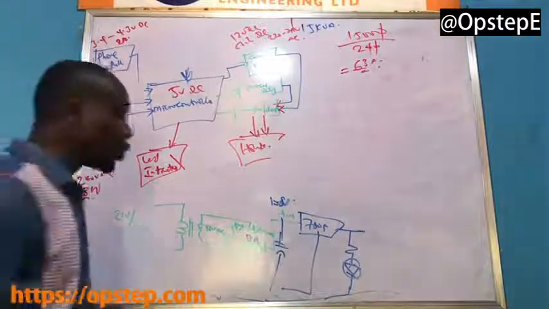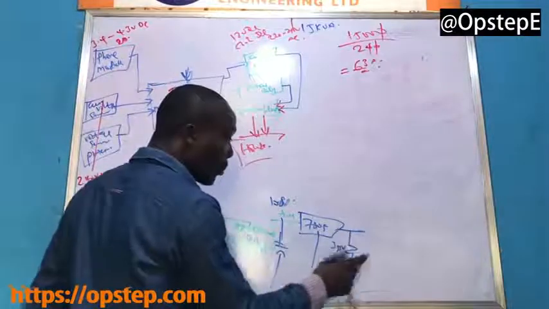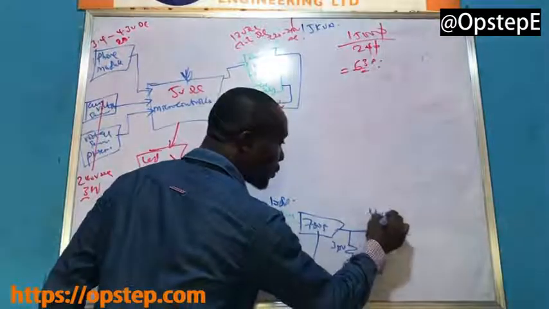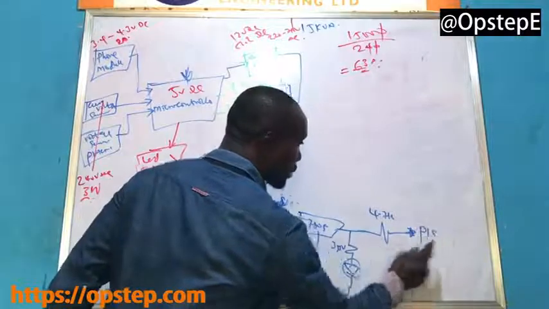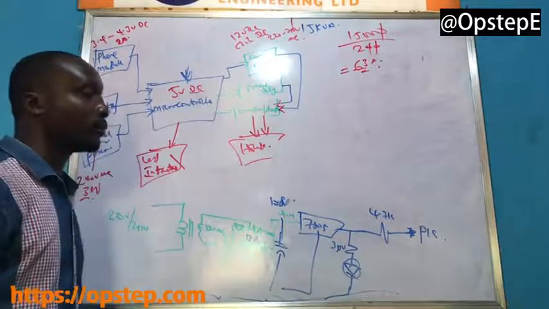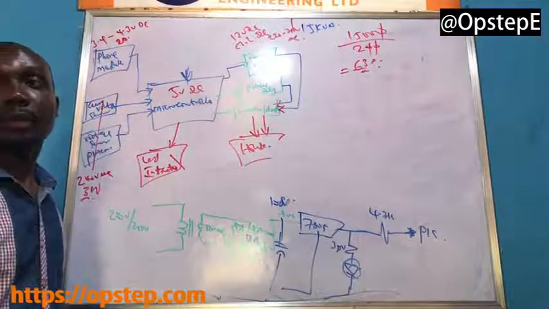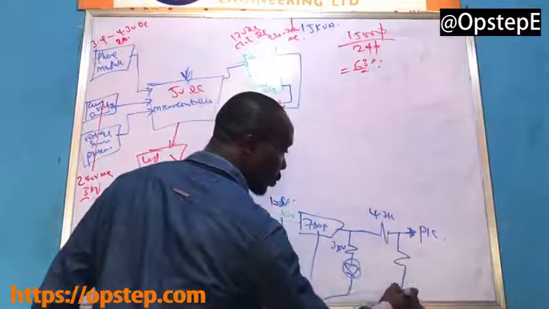Are you with me? So there is a 390 ohms down here, and then you have another resistor, a 4.7k, before this is now being sent into your PIC. At the output of that PIC, from here, there is a 10k resistor to ground.